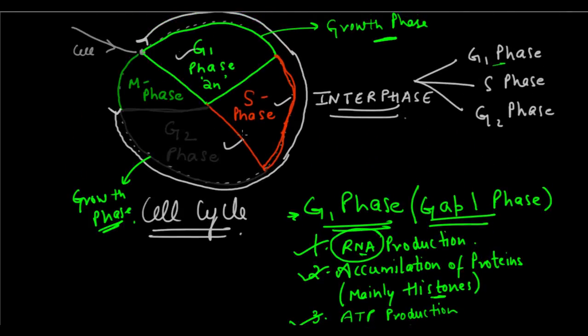So as I told you, there are 2N chromosomes in the G1 phase. So in the S phase, due to the doubling of the chromosomes, you have 4N chromosomes. Not 2N, there are 4N chromosomes.